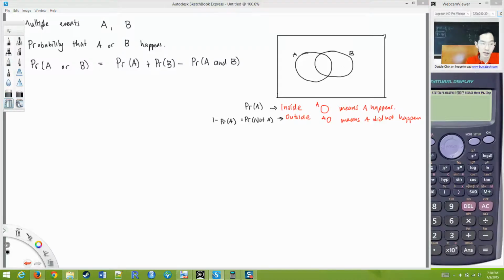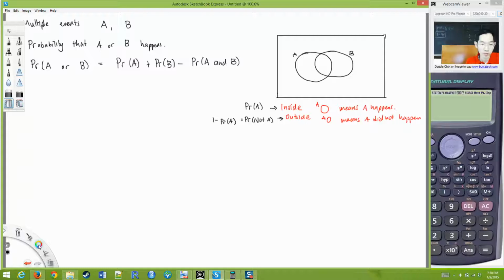So let's see. Over here, this is the probability that A happens. And over here would be the probability that B happens, okay?